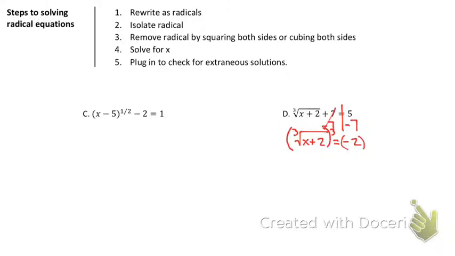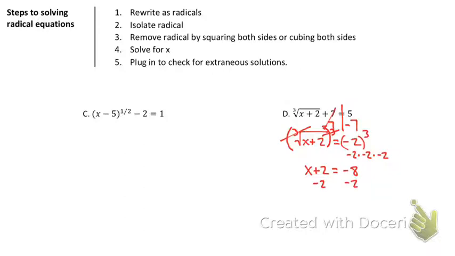And what we do to one side, do to the other. The cube and the cube root eliminate, and we're left with the inside of the radical, x plus 2. Negative 2 to the third power, that's really negative 2 times negative 2 times negative 2, which would give me negative 8.